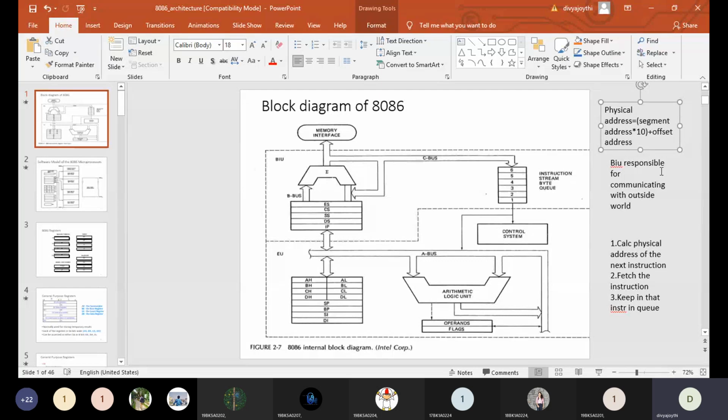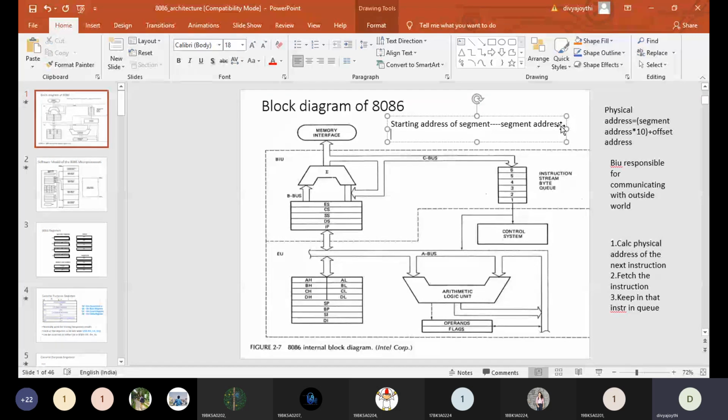So the segment address is nothing but the starting address of the segment.